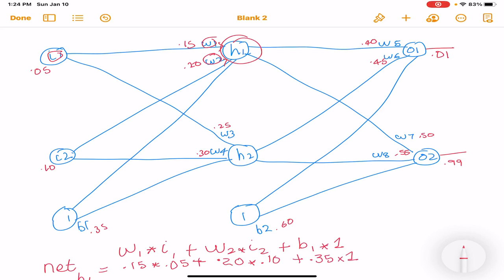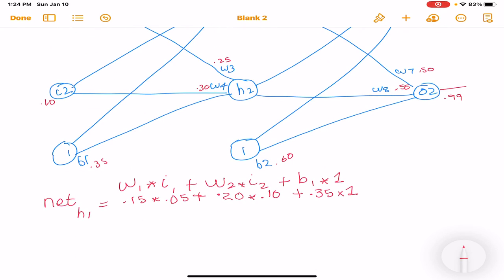So when you do this calculation, you get net H1 equal to 0.3775.